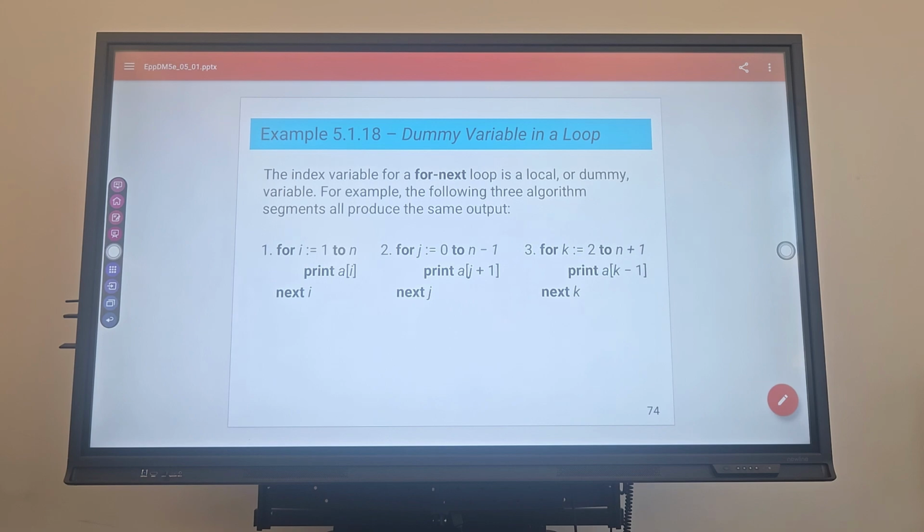For example, the following 3 algorithm segments all produce the same output: for i equals 1 to n, for j equals 0 to n minus 1, and for k equals 2 to n plus 1, with the various subscripts and the array elements adjusted accordingly.